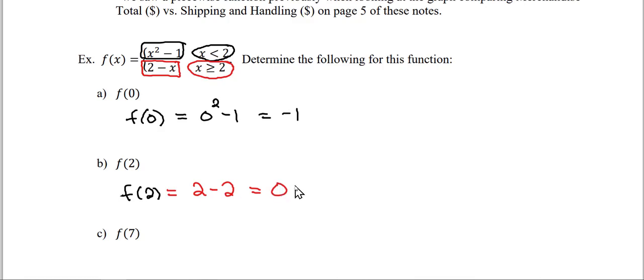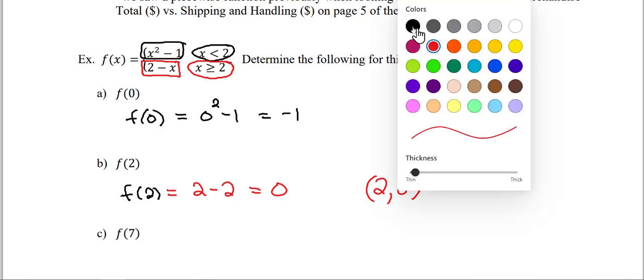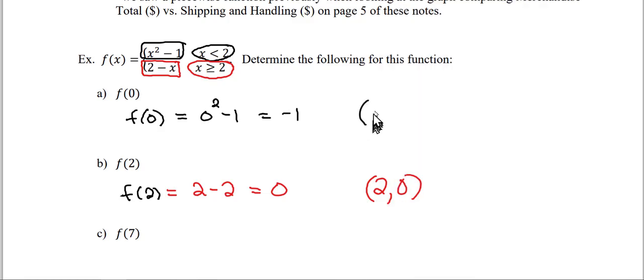That also tells me a couple of things about ordered pairs. When x is 2, y is 0. That ordered pair will be on the graph of this function. Here, when x is 0, y is negative 1. That ordered pair will be on the graph of this piecewise function. Let's look at f of 7.